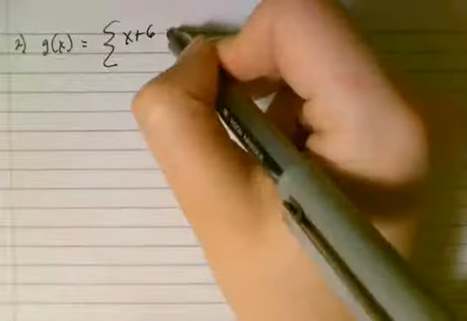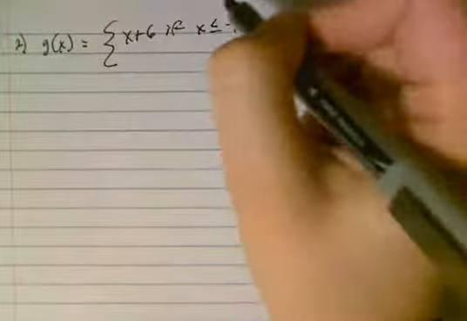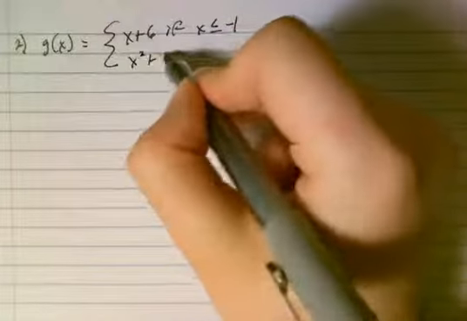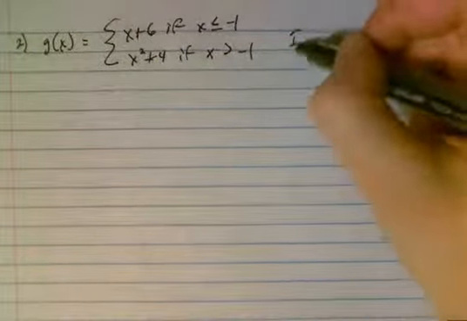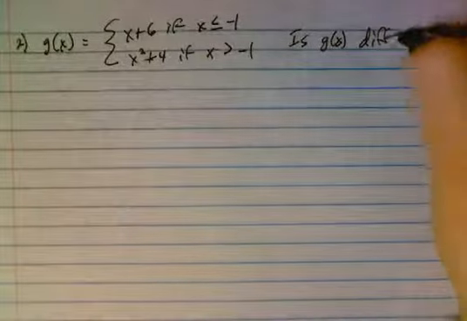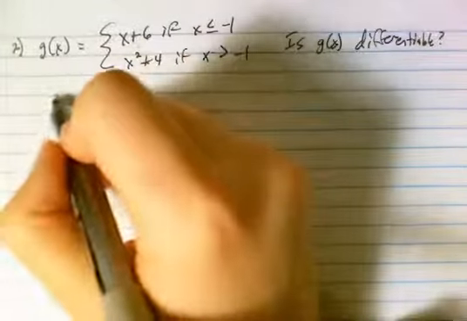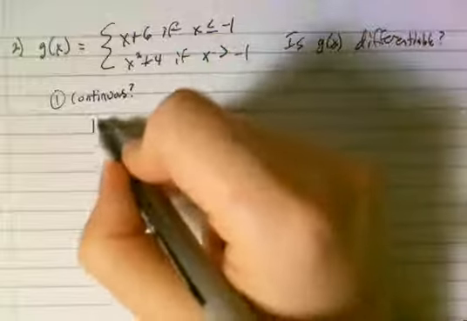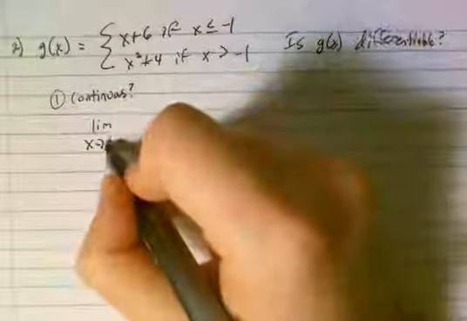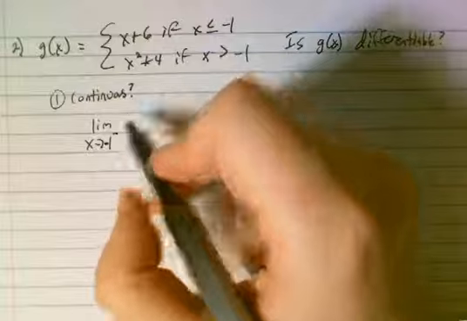For our second problem, let's say g of x is x plus 6 if x is less than or equal to -1, and x squared plus 4 if x is greater than -1. Is g of x differentiable? First, let's check, is it continuous? x approaches -1 from the left.